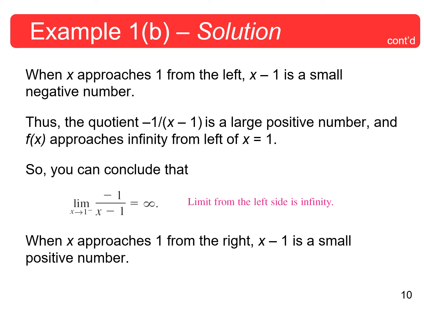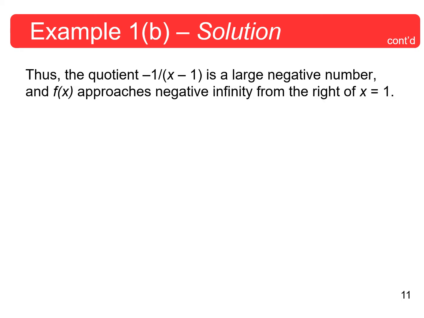When x approaches 1 from the right, this expression is a small positive number. Thus, the quotient negative 1 over x minus 1 becomes a large negative number. So therefore, f of x approaches negative infinity from the right of x equals 1.